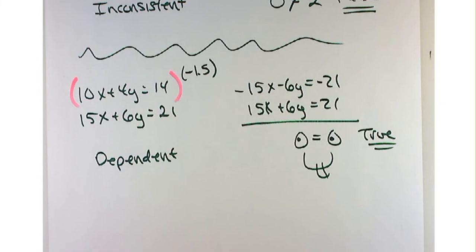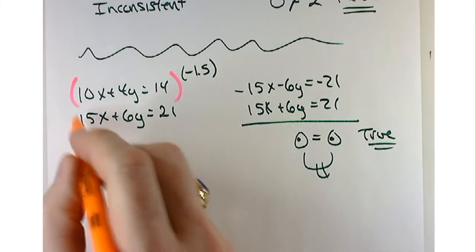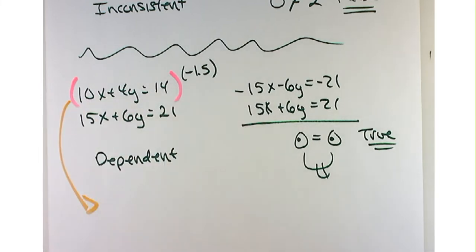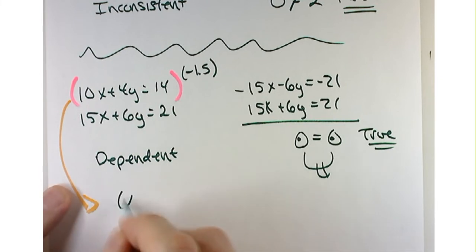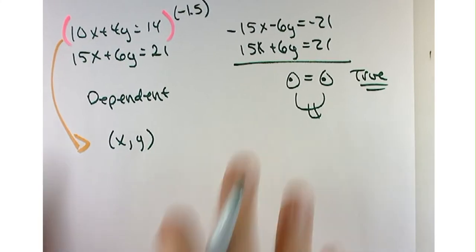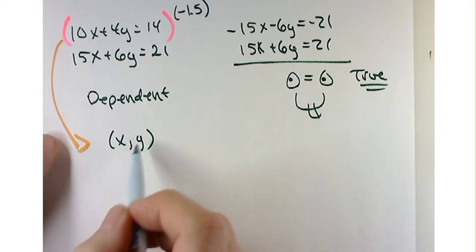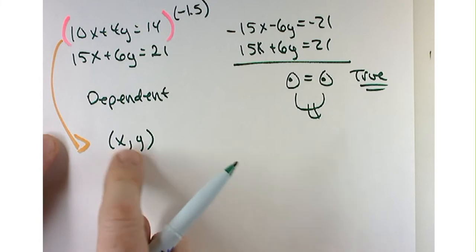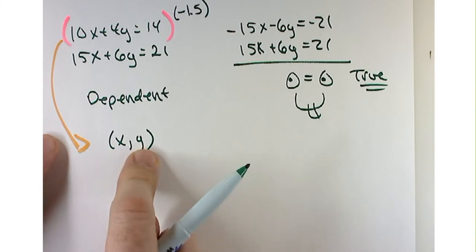Now, here's where this class is going to go a little bit beyond what we did with our last class. What you need to do is solve this, because WebAssign is going to want your solution in the form of x and y. Except they don't want just a y. I mean, they would if these were numbers, but they're not.